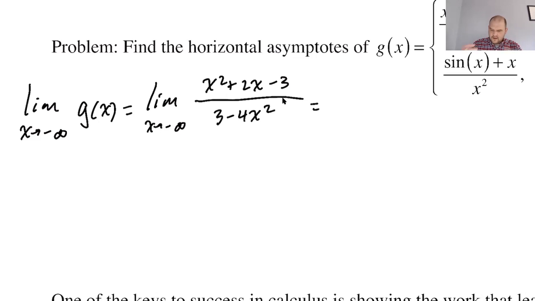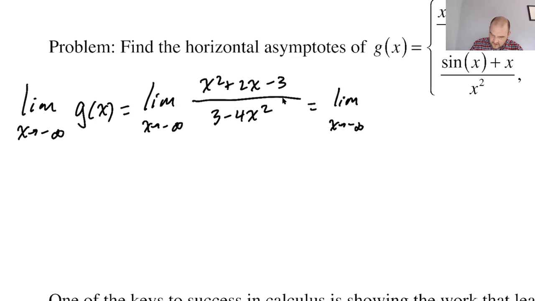Okay. This is a rational function. I know for rational functions, what I want to do is divide through by the highest power of x in the denominator. So I'm going to do that. Limit as x approaches negative infinity. So x squared. Divide every single thing that I see by that. So I'm going to get 1 plus 2 over x minus 3 over x squared, over 3 over x squared minus 4.